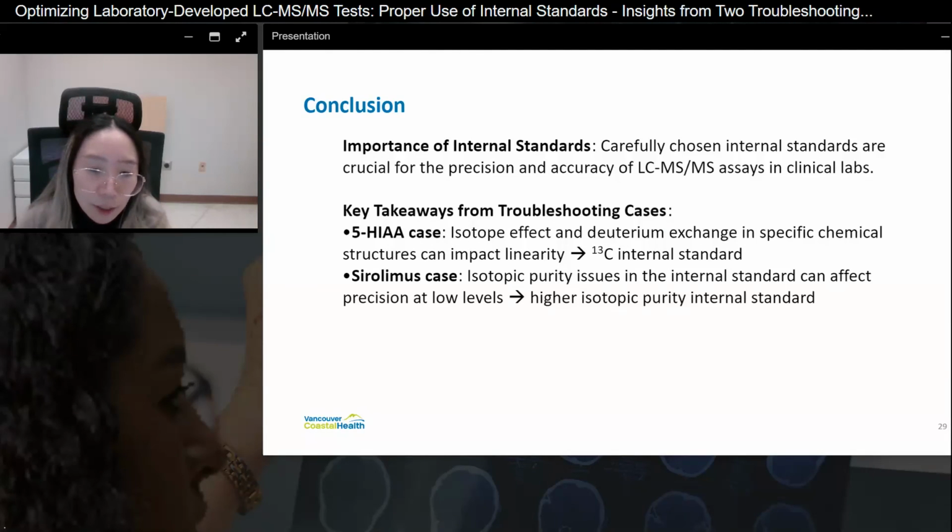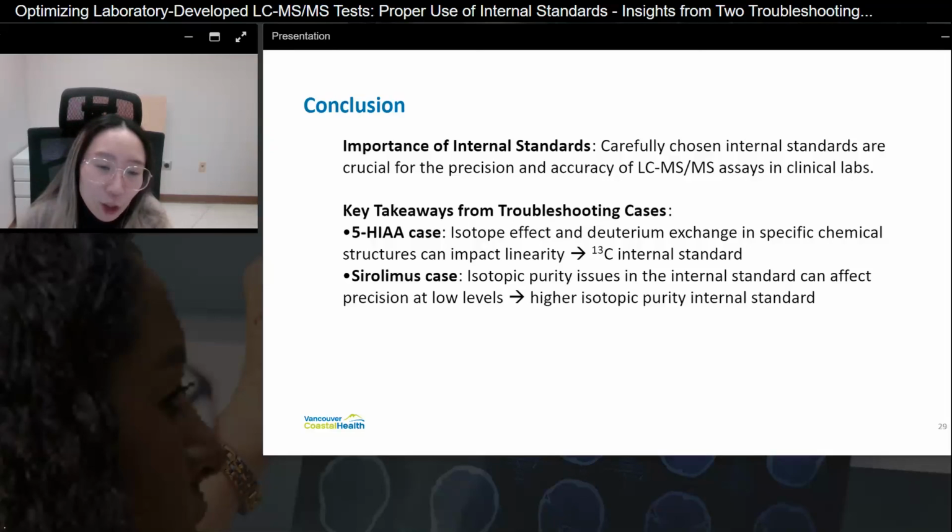So to conclude, we have highlighted the importance of carefully selecting internal standards for LC-MS assays, particularly in clinical applications, where the precision and accuracy of the assay are related to patient care. And in the two troubleshooting cases, we discussed how an internal standard can impact assay performance.